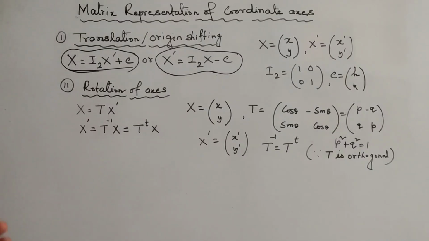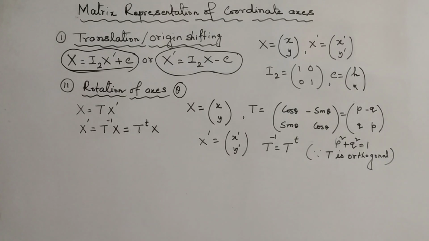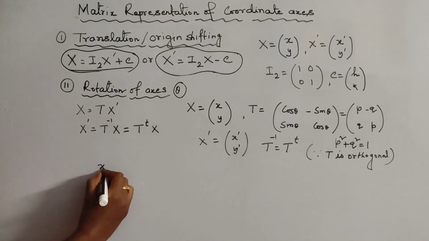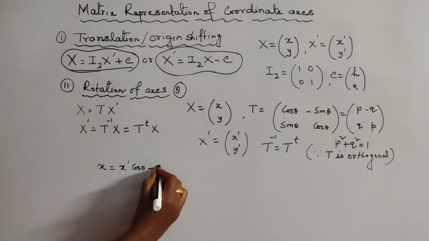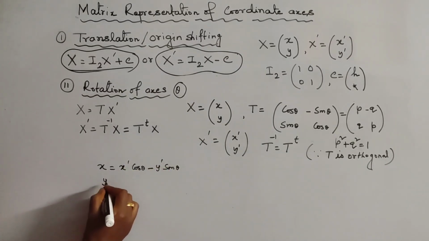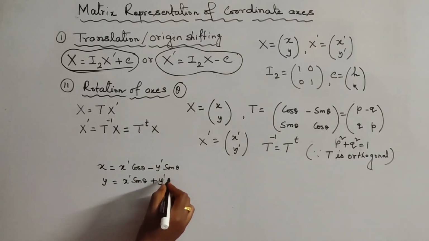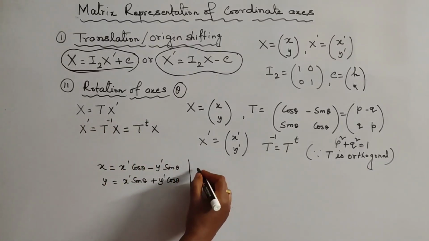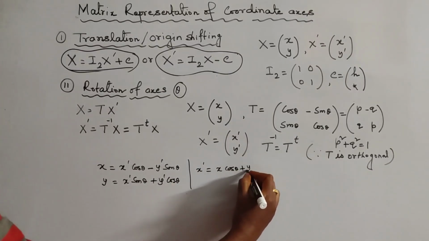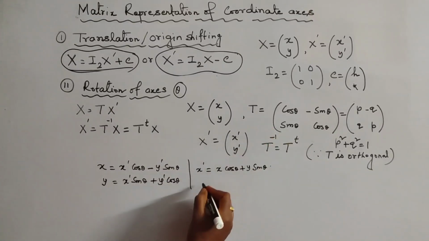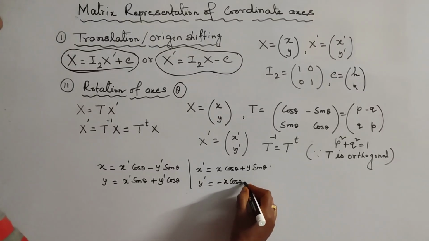If we consider the rotation of axis through an angle theta, then we know the transformation formula: x is equal to x dash cos theta minus y dash sin theta, and y is equal to x dash sin theta plus y dash cos theta, or we write x dash is equal to x cos theta plus y sin theta, and y dash is equal to minus x sin theta plus y cos theta.